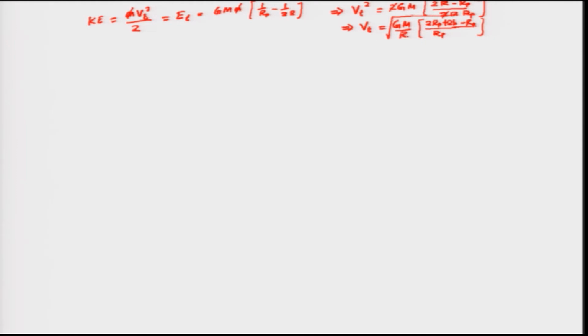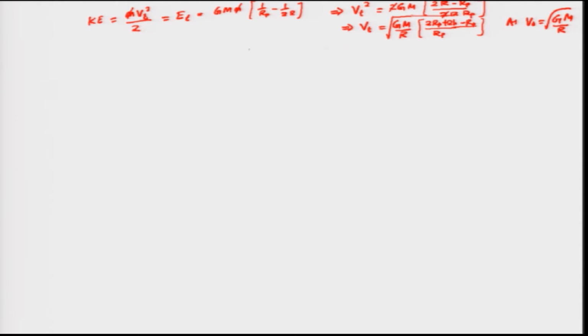So, you could recognize that the orbital velocity is equal to root G M by R. As we know, V naught is basically root G M by R, that is your orbital velocity.